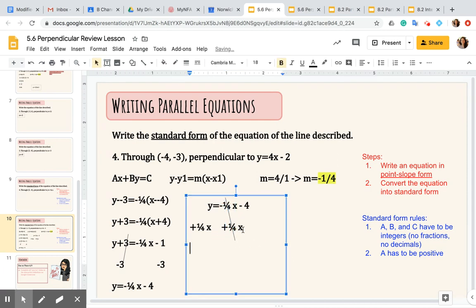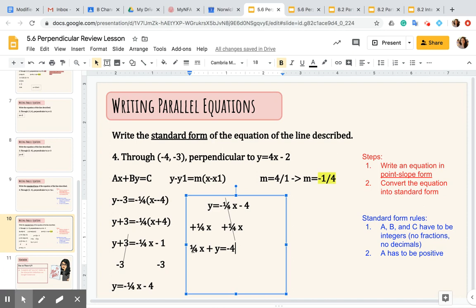And I get the following. I can't combine these. Again, this has an x and this has a y. They're not like terms, but I can write them next to each other. I have a 1/4 x and I have a positive y. I know it's positive because there's nothing to the left, so I put a plus sign there. Equals minus 4. I still have a negative 4 on the right.